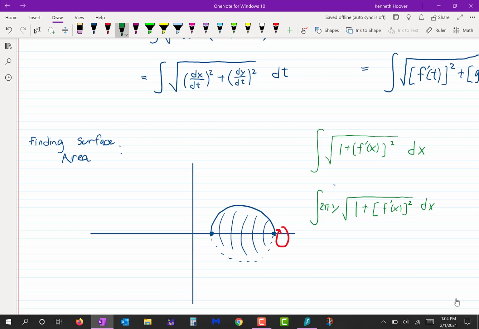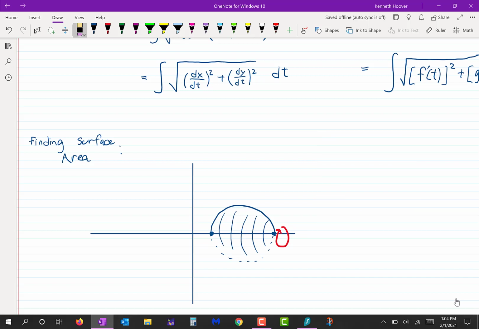Okay, so now exactly the same idea. For parametric calculus, you want to find the surface area of that thing. You just write down the arc length formula and you just insert a 2 pi y in front of the square root. Okay, so let me erase that green stuff. Let's write down the arc length formula. We just did it.